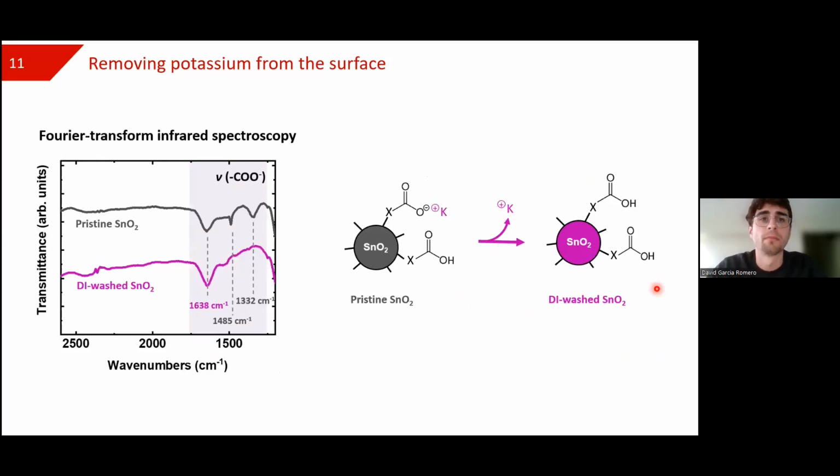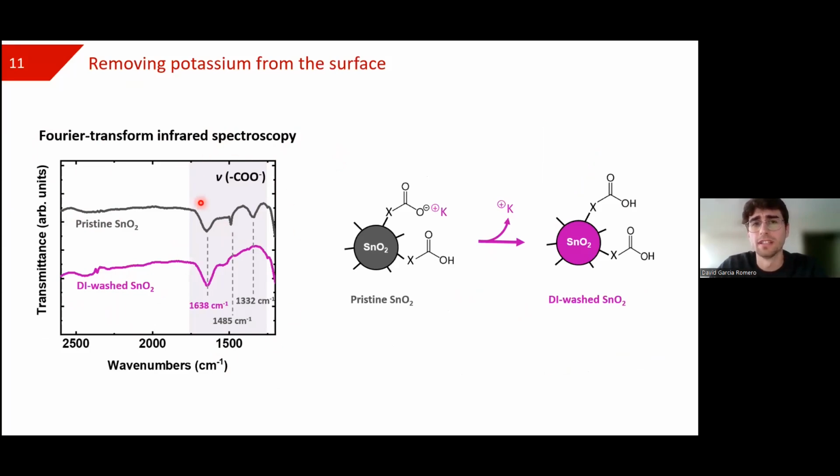We did some FTIR, which I'm displaying here on the left. This is infrared spectroscopy, essentially a technique that can help us identify functional groups on a surface, in liquid state or in solid state. I'm showing here the curves for pristine and DI-washed tin oxide.